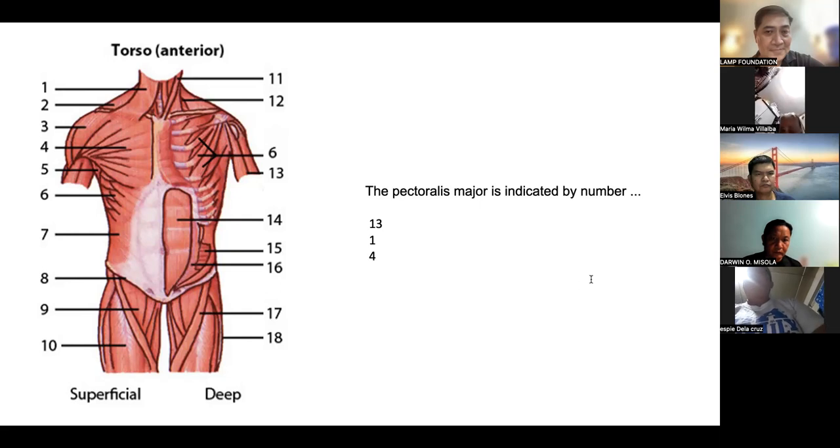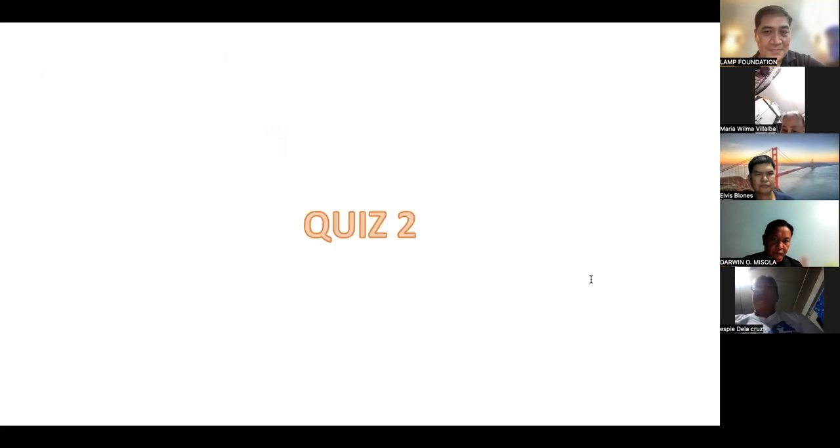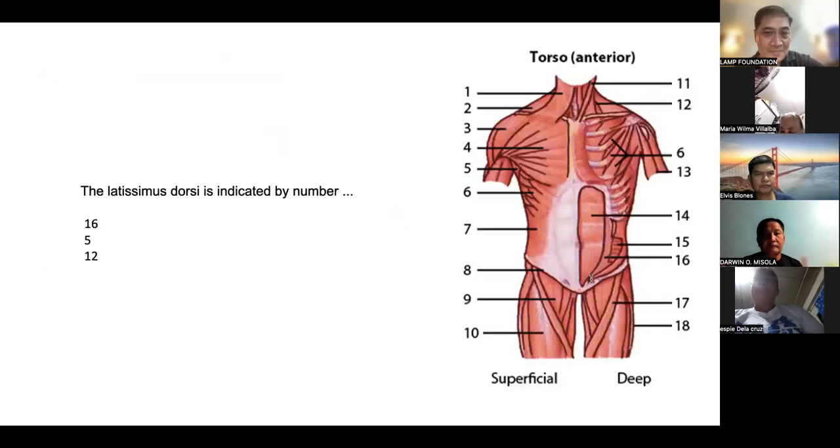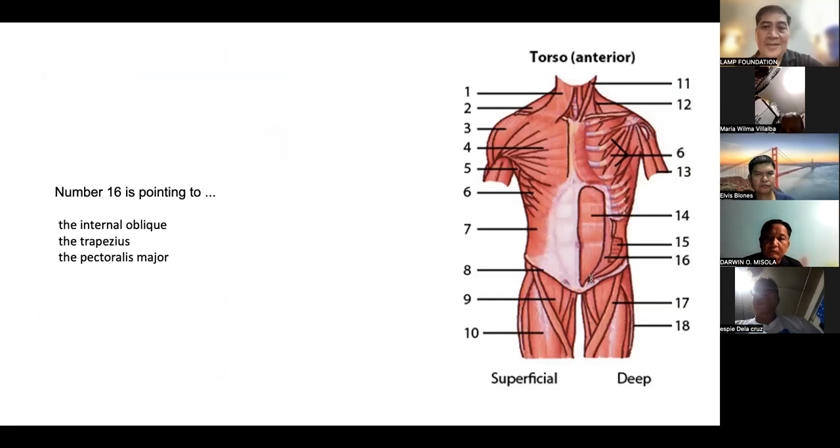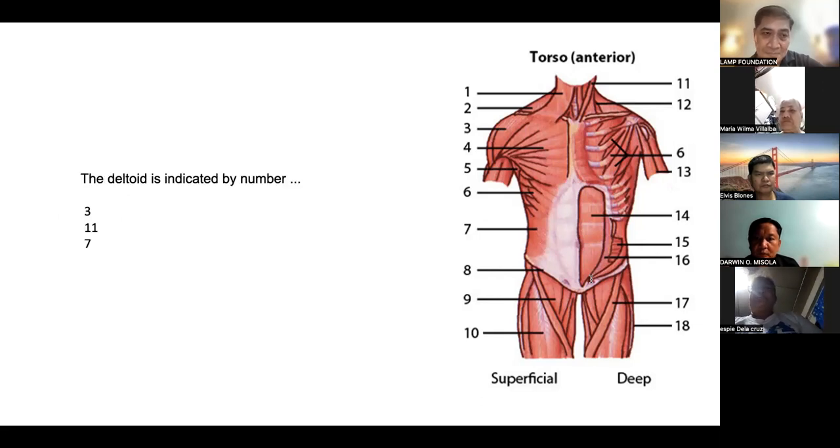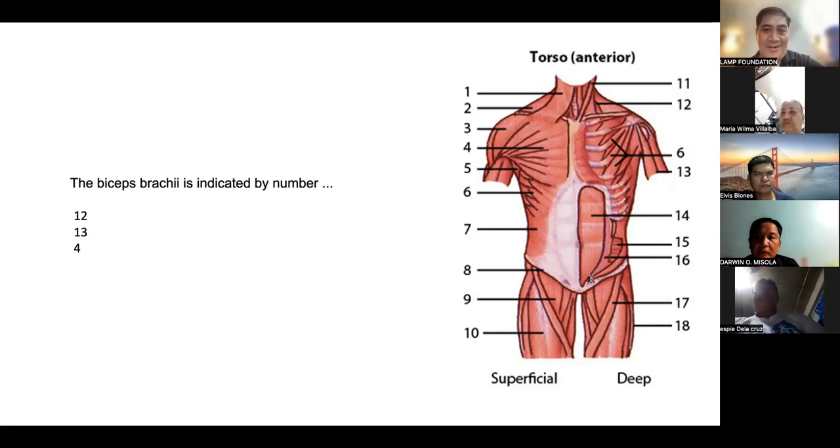Number 13, the biceps brachii. Number 14, the rectus abdominis. Latissimus dorsi, number 5. Number 16, the internal oblique. Scalenes are indicated by number 12.